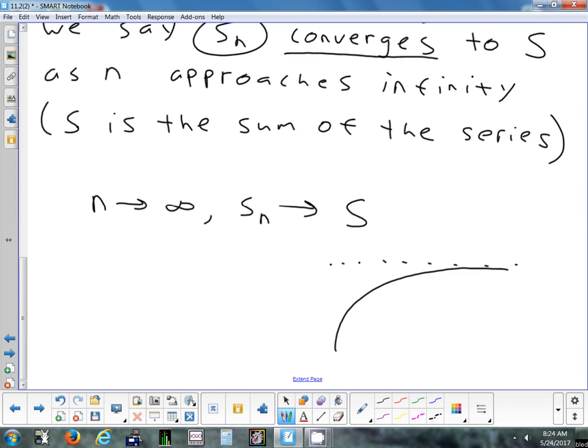It's not continuous. So if we had a horizontal asymptote like that, and we graph S sub n, the sequence of partial sums, it might look something like this. You're going to get individual numbers, like the first term, second, third, fourth, fifth, sixth. It's getting closer and closer.